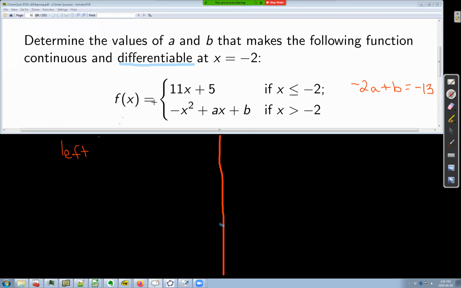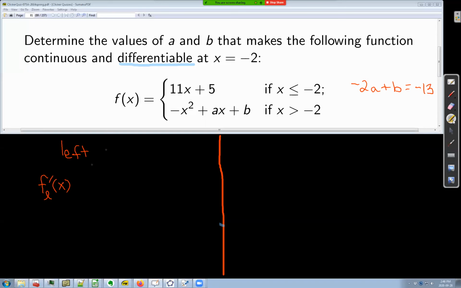What's the derivative on the left-hand side? I'll put an L here for left-hand derivative. We usually don't talk about left-hand and right-hand derivatives. This might be the only time this semester that we ever consider this. It's non-standard notation, but we'll use it for right now.